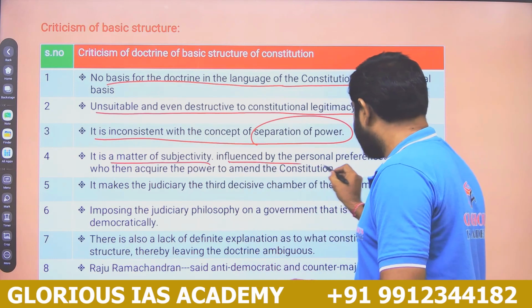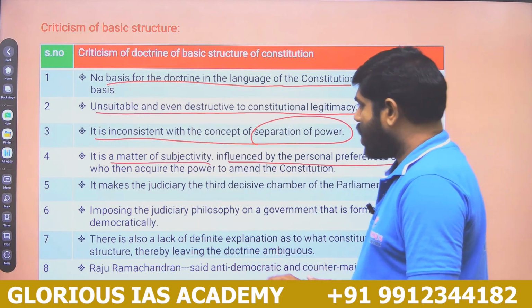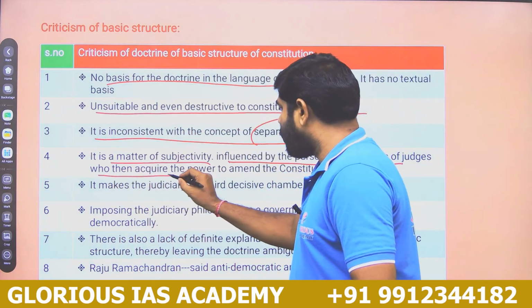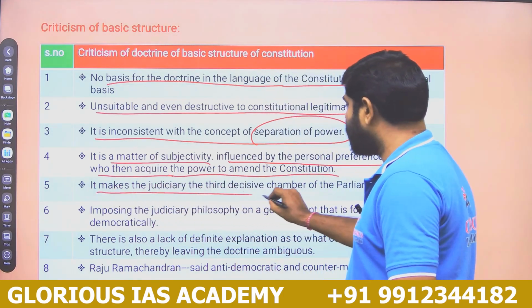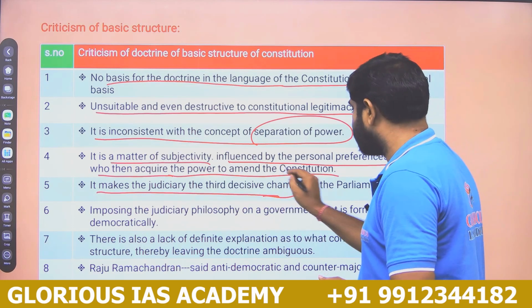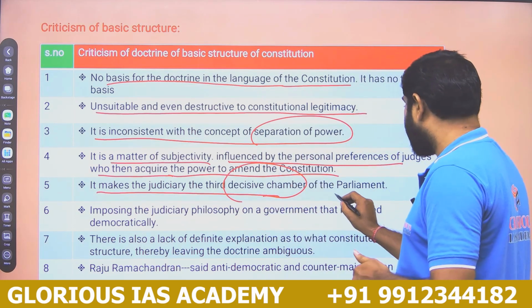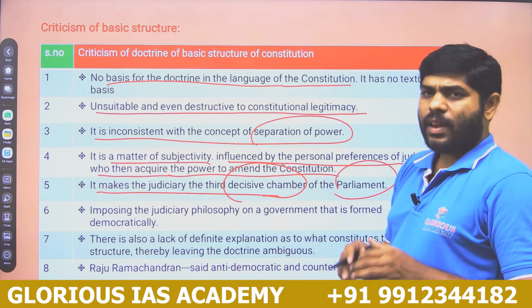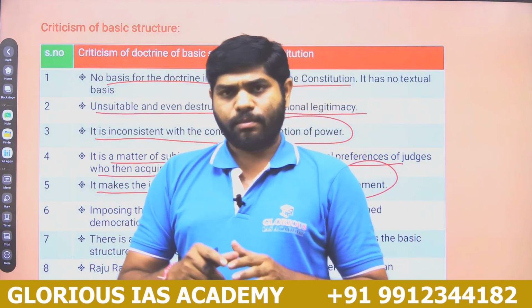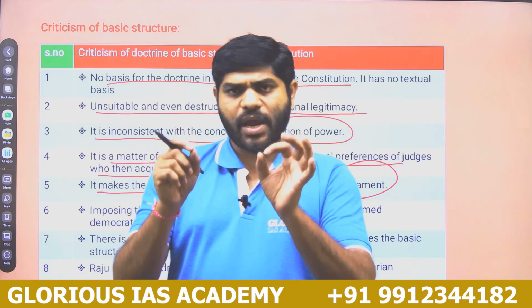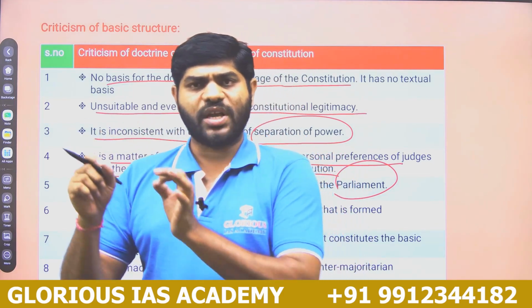They are influenced by the personal preferences of the judges, who then acquire the power to amend the Constitution. It makes the judiciary the third decisive chamber of the Parliament. Usually acts are enacted by the Parliament, whose main duty is to legislate.